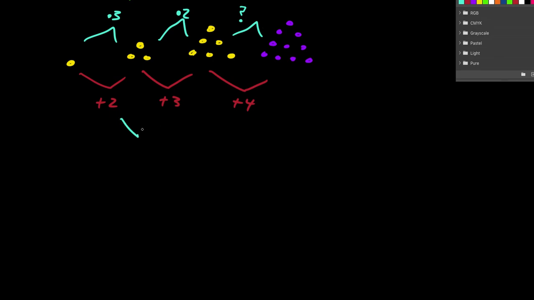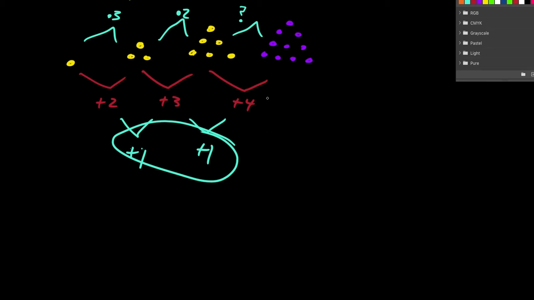Now if we do what's called a secondary difference, where we take just these numbers 2, 3, and 4 and say what's the difference between those two, well that's 1, and then 3 to 4 is also 1. Now if our secondary difference is the same, then that represents quadratic growth.